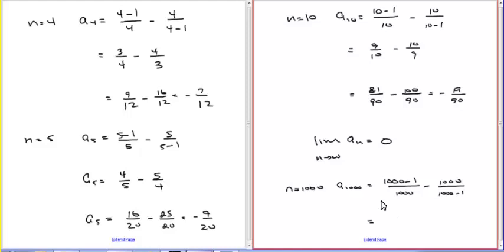And so that's 999/1,000 minus 1,000/999. You see what happens. This is approaching 1 from the lower side. This is approaching 1 from the upper side, and they're just going to get closer and closer. So I don't even need to do that calculation. I can see that it does approach 0. So the answer is 0.